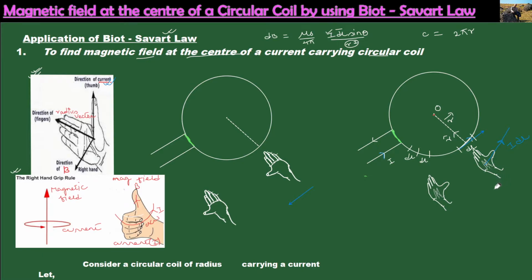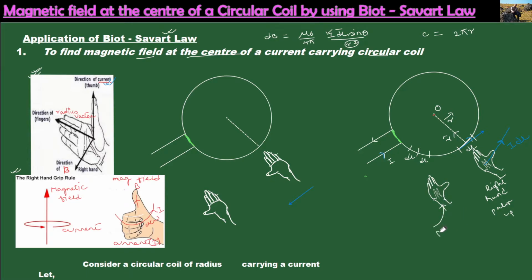You use your right hand, and you have to place it in such a way that the palm of your right hand is facing up. Right hand, palm up. This is the palm of your hand.